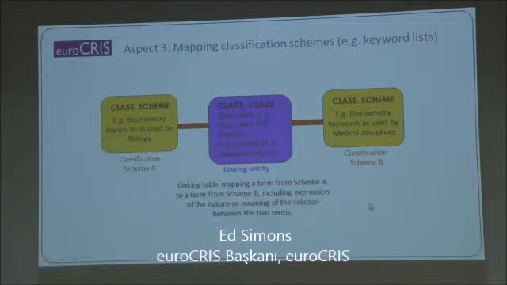The last function of linking entities is to map classification schemes. So for instance, mapping the terms from classification scheme A to classification scheme B, in which case the linking entity holds the ID from classification term A, from classification term B, the relation between the two, and also always, of course, the time, start and end date.